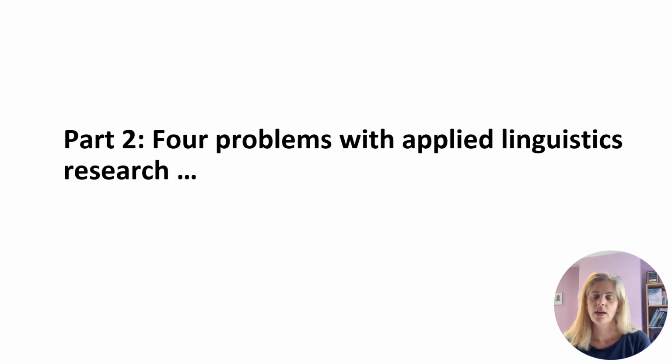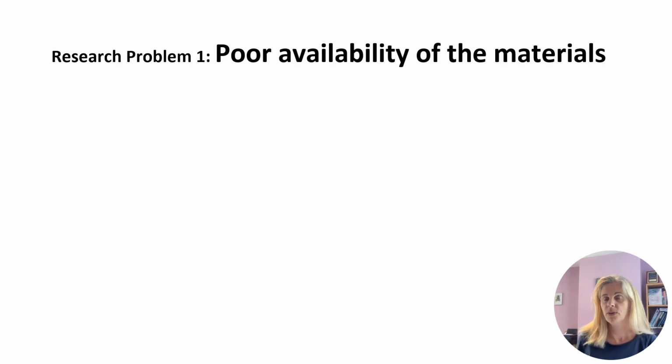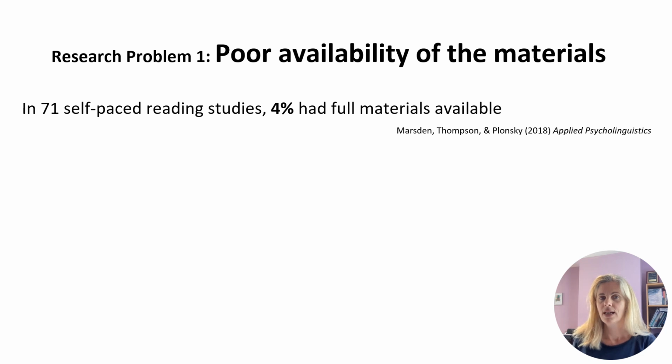So I'll discuss some of those again when I'm highlighting 4 problems with applied linguistics research and how IRIS could help to address them. The first problem that's been identified many times is the poor availability of materials, the things that we use to collect data. We found that about 4% of self-paced reading studies had the actual stimuli available.